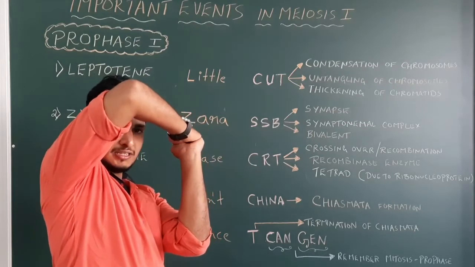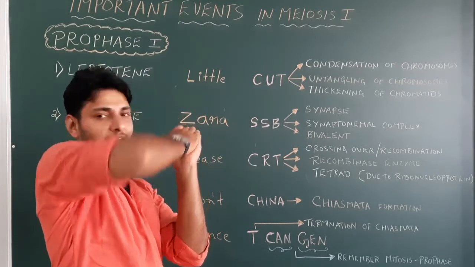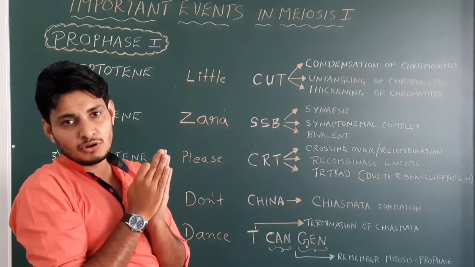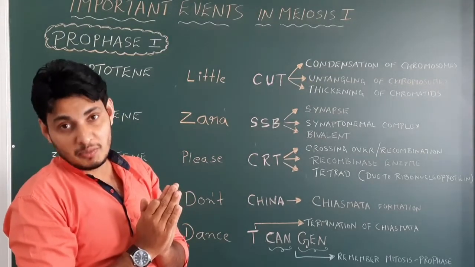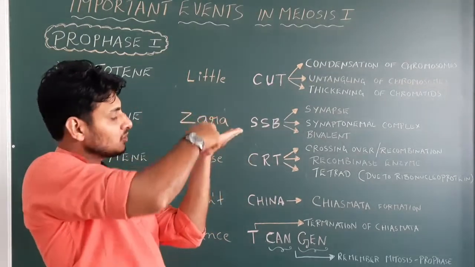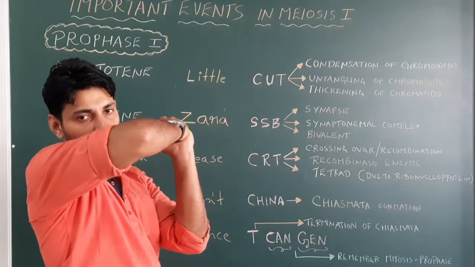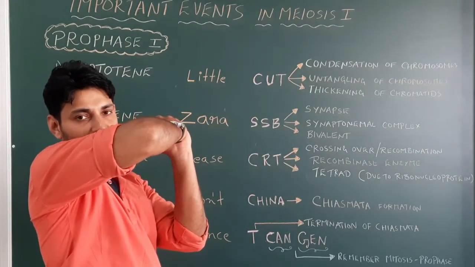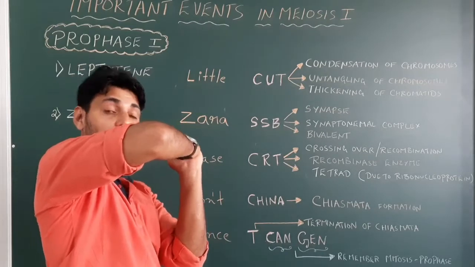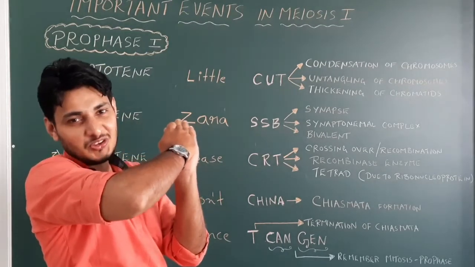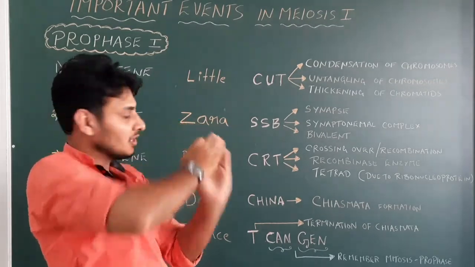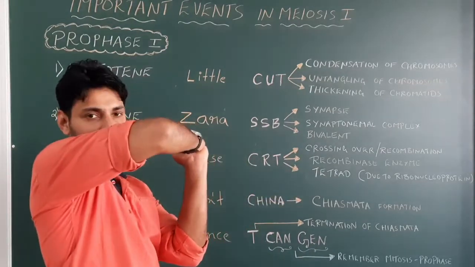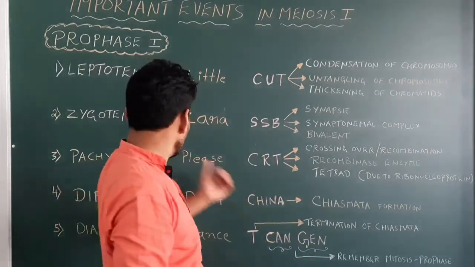The upper one and the lower one. And each chromosome contains 2 sister chromatids, and this chromosome also contains 2 sister chromatids. Total, count it: 1, 2, 3, 4. Sister plus another sister chromatid, that is non-sister chromatids, you could see 4, that is tetrad. This is tetrad. So that will be seen in pachytene.